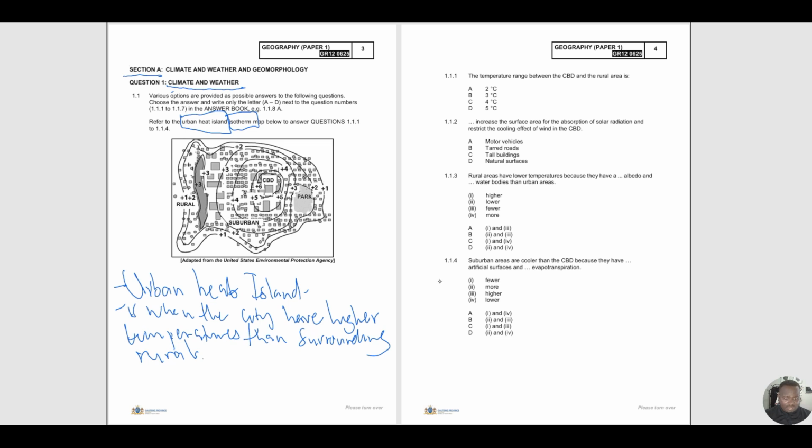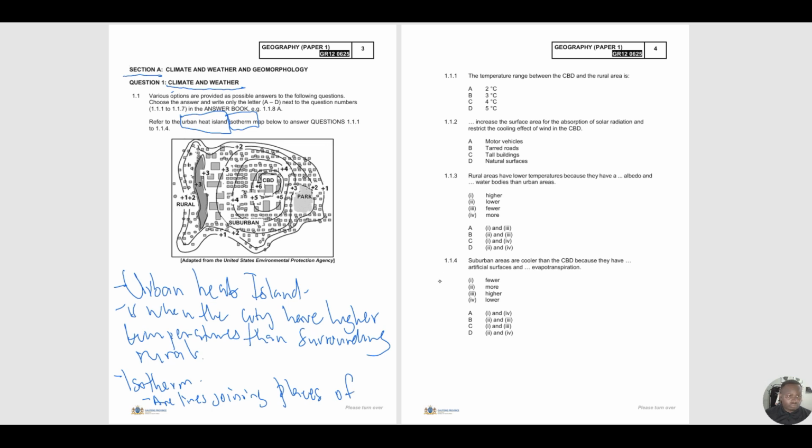And then we have another term, the isotherm. Isotherms are lines joining places of equal temperature. That was grade 11 geography.